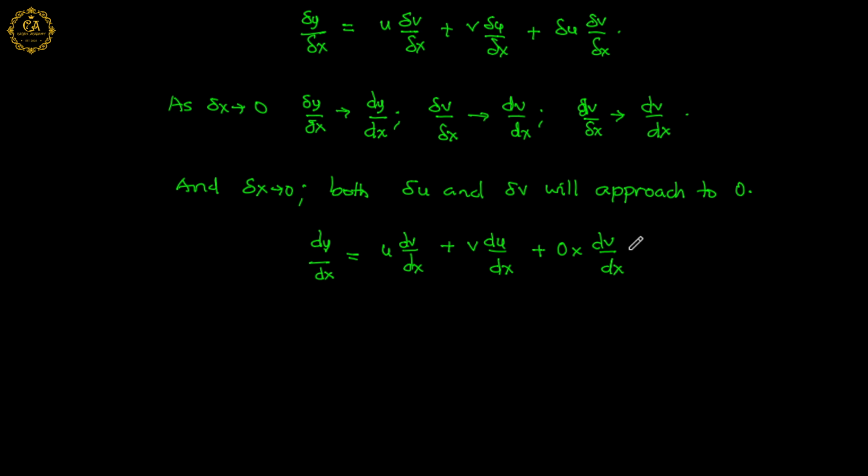Because of this 0 multiplying this quantity, everything here vanishes to 0.